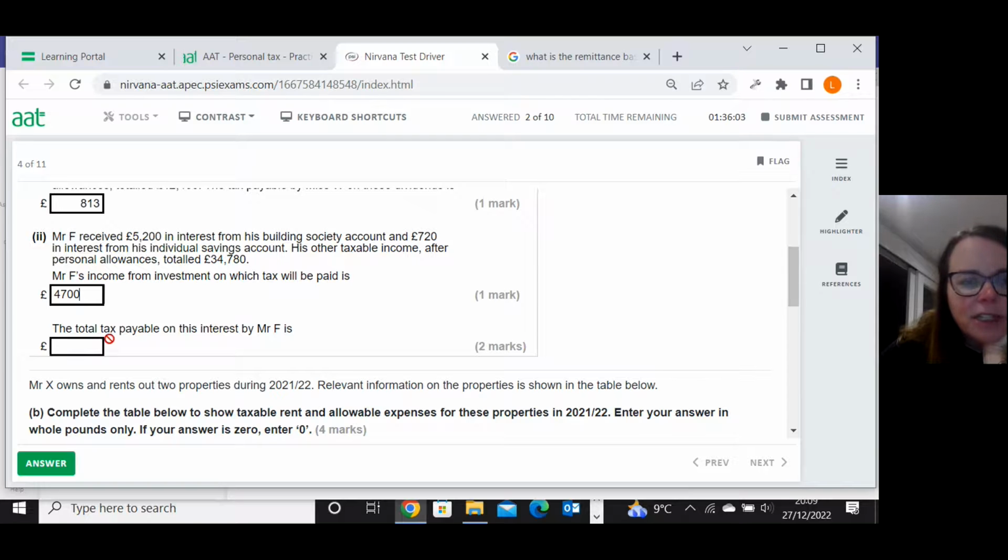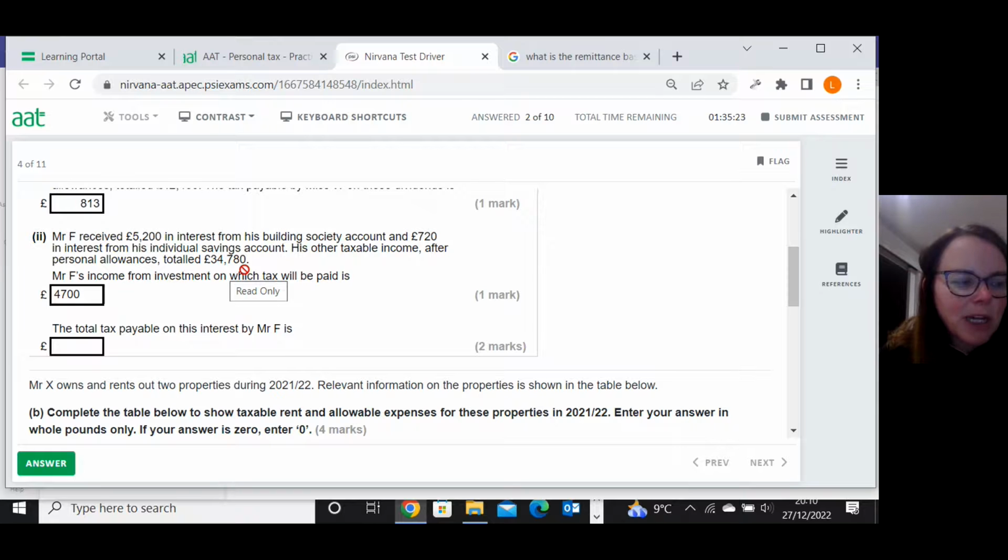We're then asked, what's the total tax payable on this interest? Right, now what we've got to be careful of here is, because we're going to hit the change between basic rate and higher rate with our savings interest, we've got to be careful that we remember to add on the 500 that's taxed effectively at 0% for the savings allowance. This is the bit I didn't do. Right, so we have to say, the first 500 is taxed at 0%.